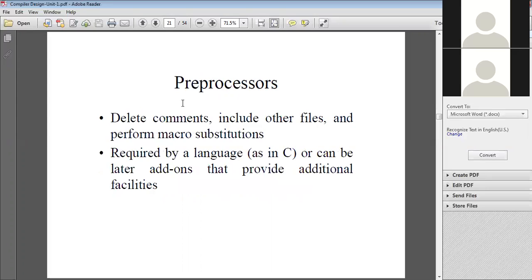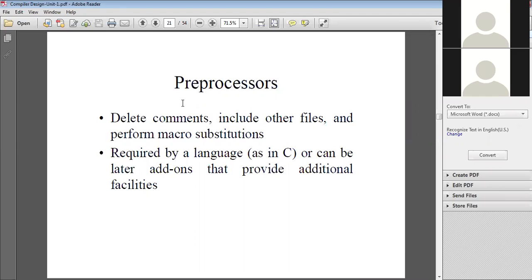Preprocessor again comes under that category. A preprocessor deletes comments, includes other files, and performs macro substitutions required by a language as in C, or can be later add-ons that provide additional facilities. Consider the example of any C program where we use the preprocessor.